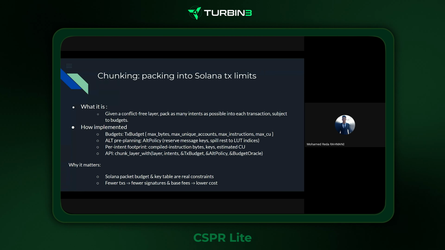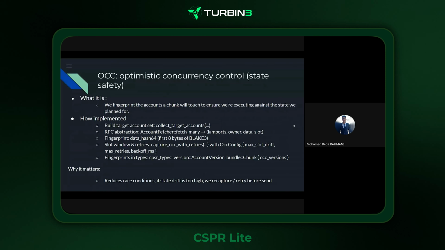For each intent, we calculate its footprint, including bytes, keys, and CU estimate. After that, we greedily try to add it to the accumulator. And lastly, if adding would exceed a limit, we close the chunk and start a new one. So the result is that each layer turns into a few packed transactions, and we can have multiple layers.